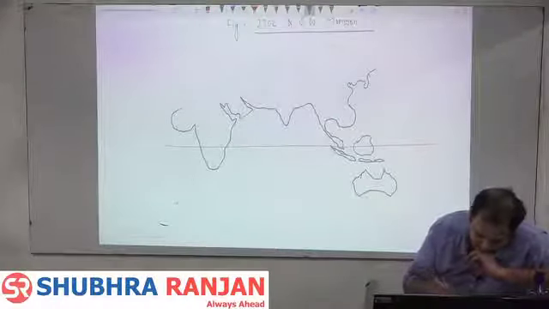These winds, after crossing the equator due to the Coriolis force, turn to the left to give rainfall to northern Australia.